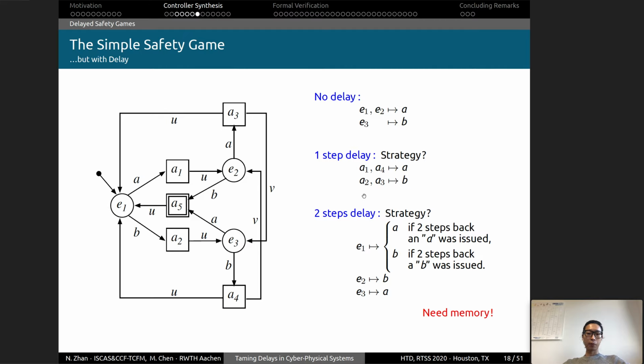Why? Because let's, for example, consider the strategy at states E2 and E3. Both of the actions that will take place at E2 and E3 have to be pre-decided 2 steps ago, that is at state E1.